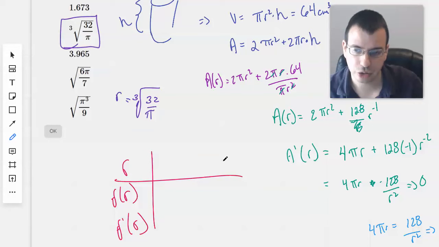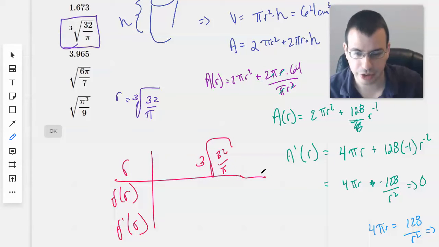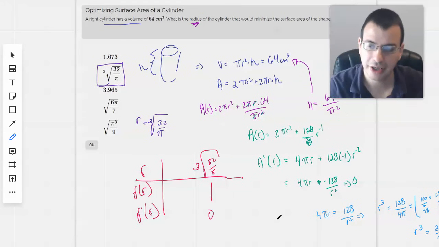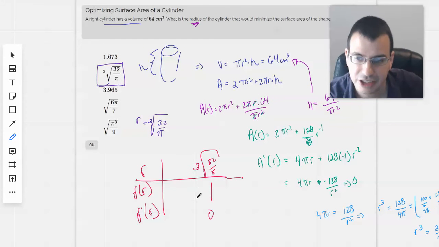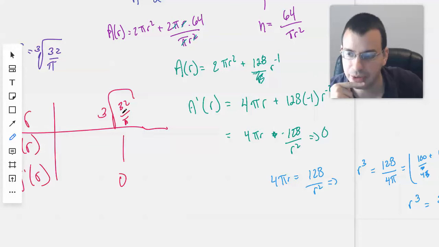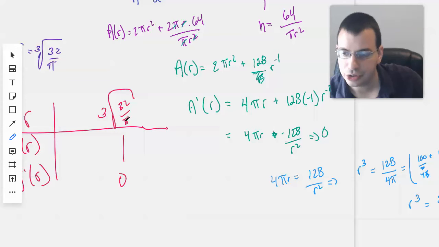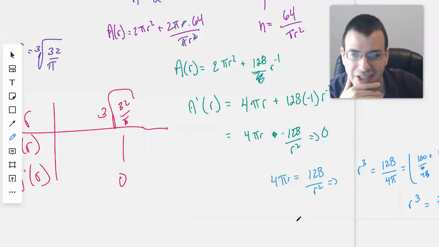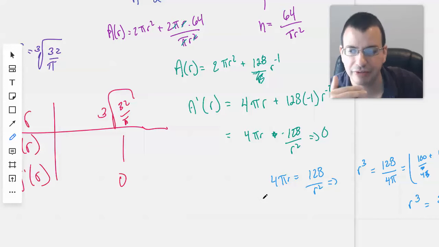Or we could do, let's see, the cube root of 32 over pi is our critical point. What's this answer going to be? 32 divided by pi is like 10, and the cube root of 10 is like 2.5.